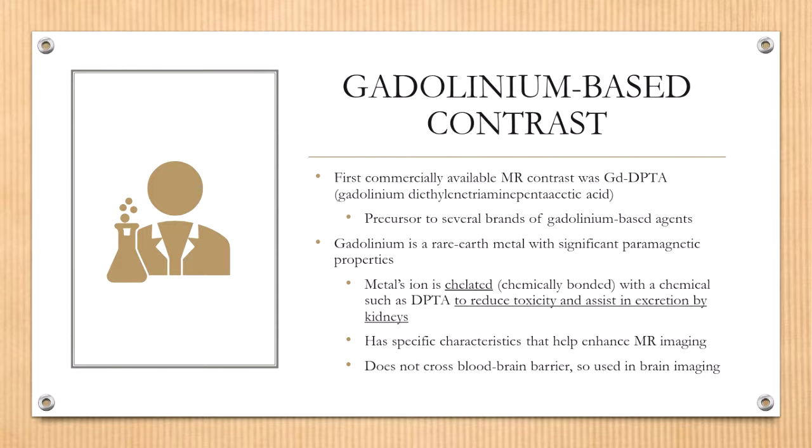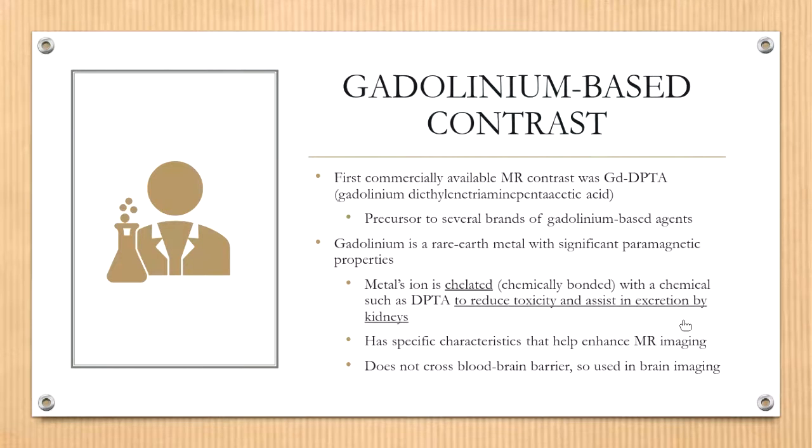By looking at this image, we can see that the contrast agent has many different components, and we are not technically taking gadolinium as a rare earth metal and injecting it into the patient. As a rare earth metal, it has significant paramagnetic properties, and those properties make it very toxic. If left in the body over time, it can cause a lot of issues because it is a metal, and we don't need that kind of metal in our body long term.